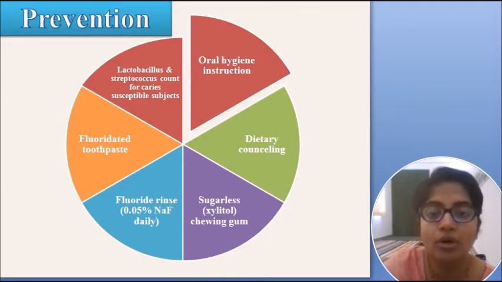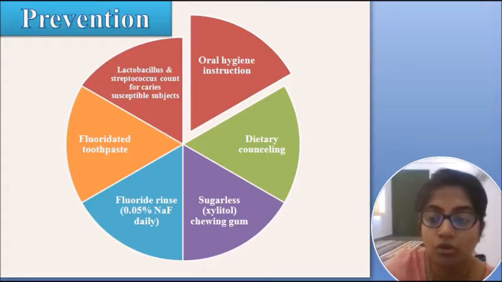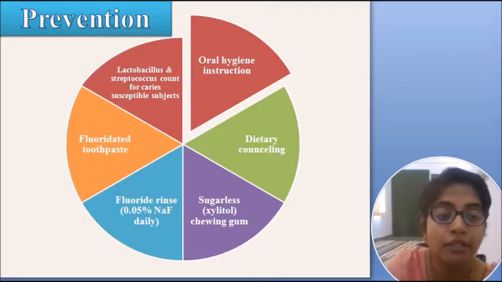Now it is very important to prevent it before management, so we should also know about the prevention. Most patients are not very keen on maintenance of oral hygiene with the new FPD. They don't realize the importance, and therefore oral hygiene instruction is the most important aspect.